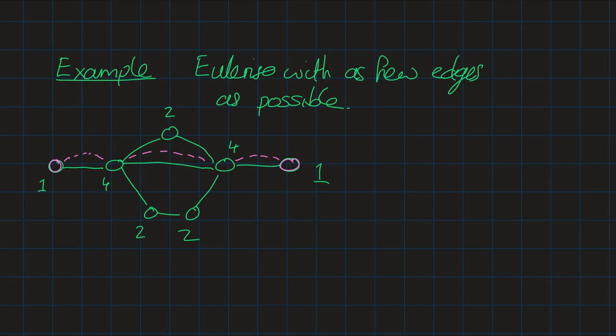If we now work out the new degrees, this is degree 2, this is degree 2, 3, 4, 5, 6, this is degree 6, and this is degree 2. So now everything has an even degree, which means that the graph is Eulerian, and we've successfully Eulerized the graph. That's the end of this example, and that's the end of this video.